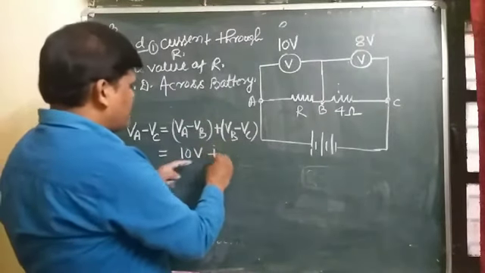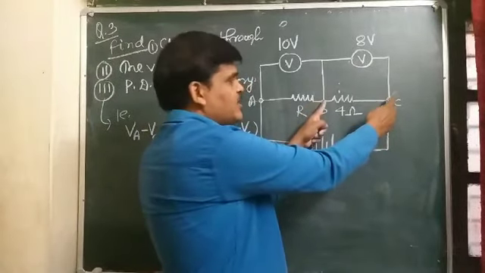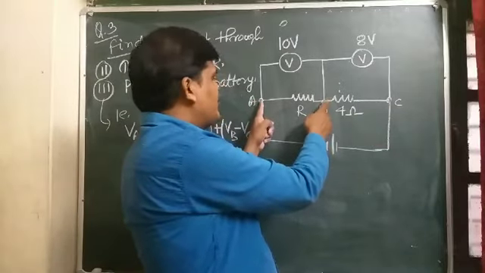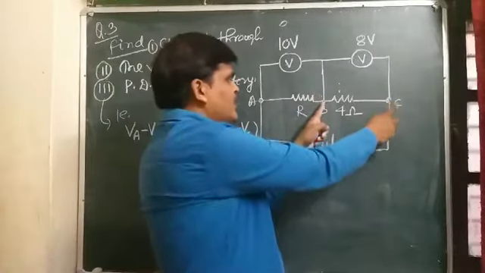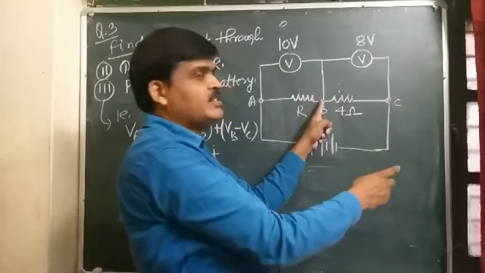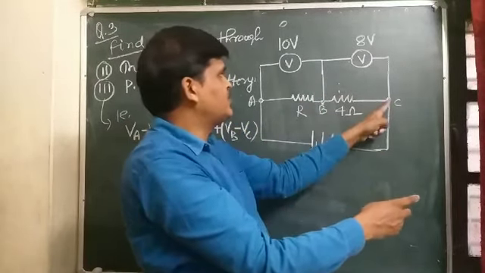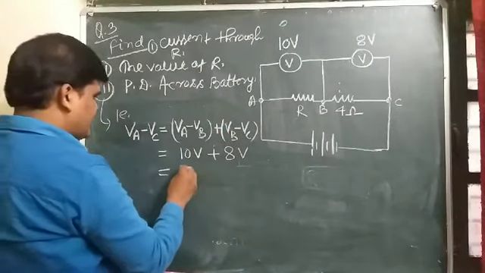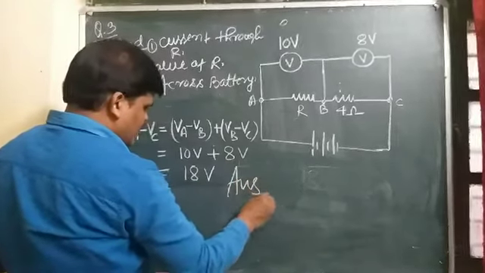And VB minus VC: higher potential, lower potential. For A and B, A is at higher potential, so VA minus VB. For B and C, potential at B is higher than potential at C, so VB minus VC, which is given as 8 volt. So the potential difference across the battery comes out to be 18 volt, and this is the answer.